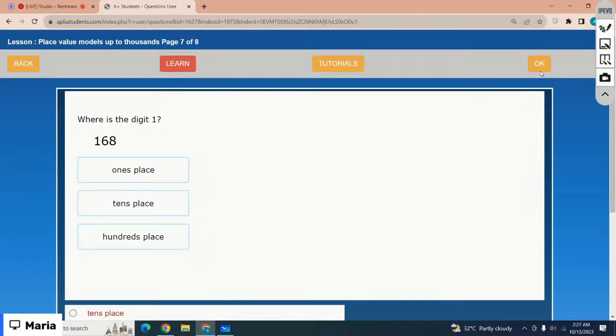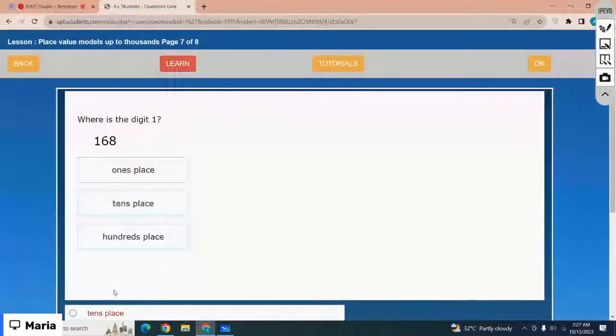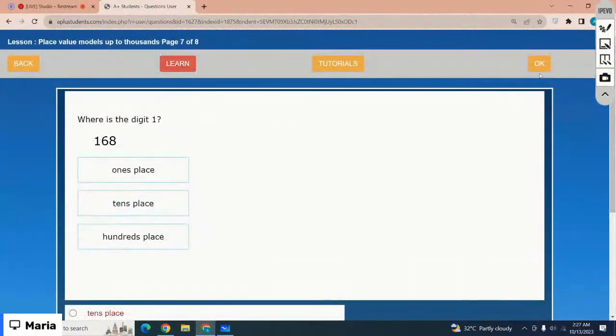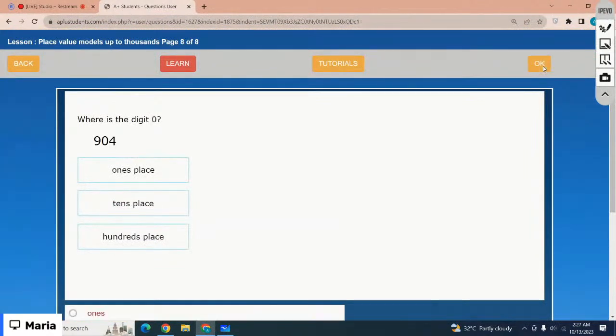Very good. The correct option is hundreds. Where is the digit 0? Ones, tens, hundreds.